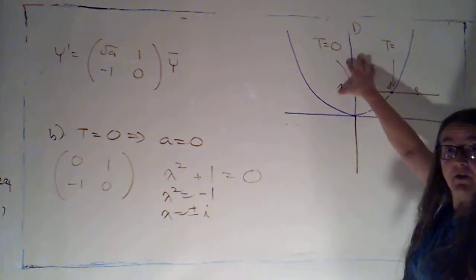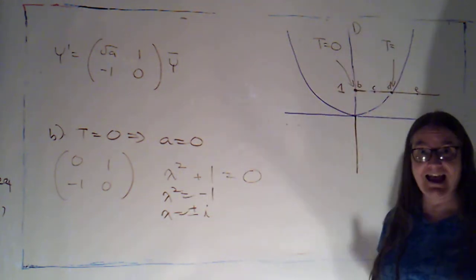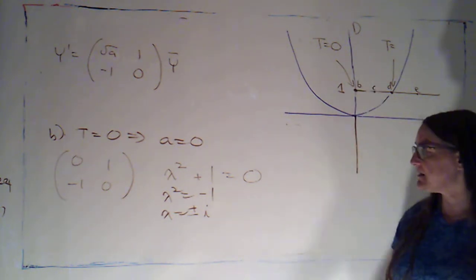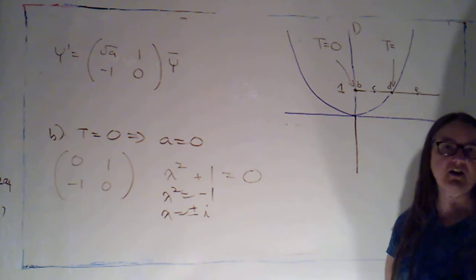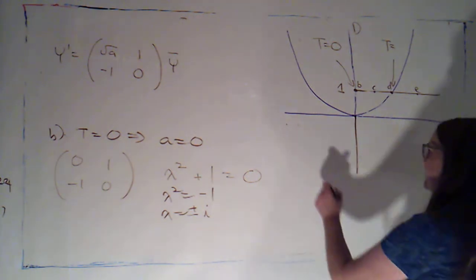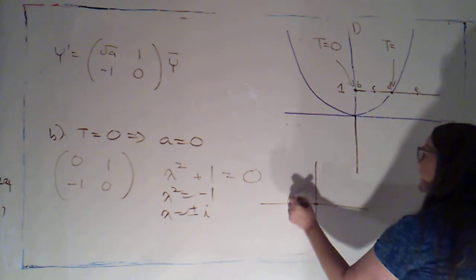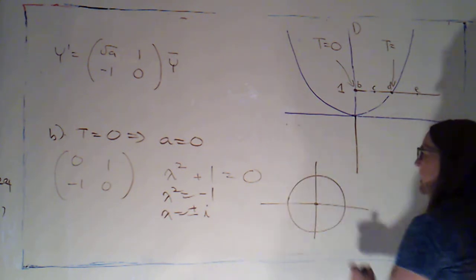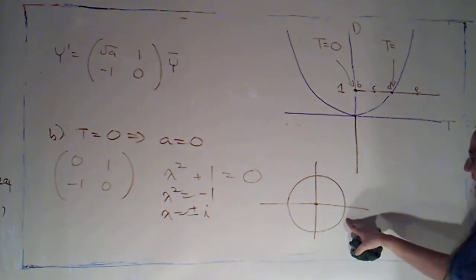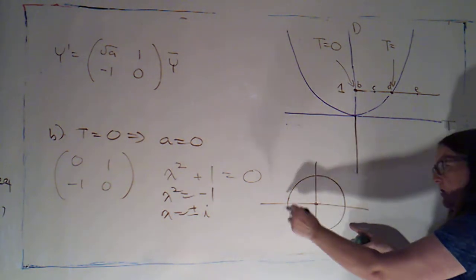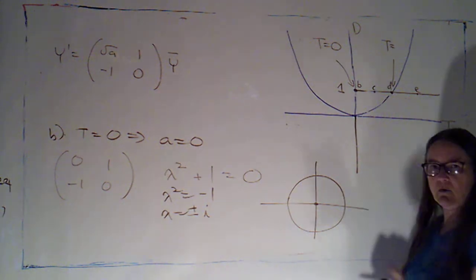We're inside of the parabola, which is where we said we were going to have complex eigenvalues. On the positive d-axis, we actually have purely imaginary ones. And remember, when we have purely imaginary eigenvalues, what that means is we're getting a center.